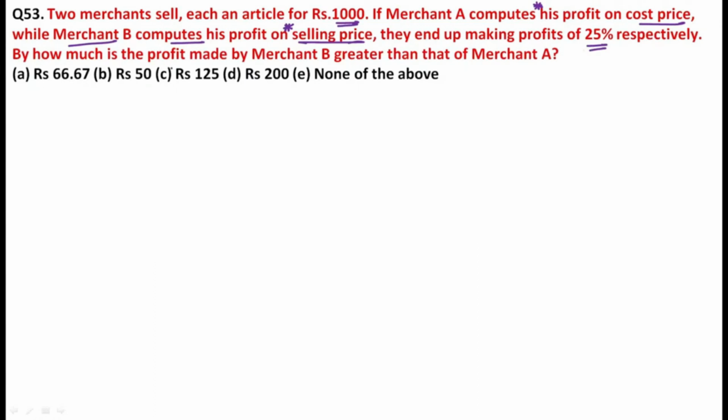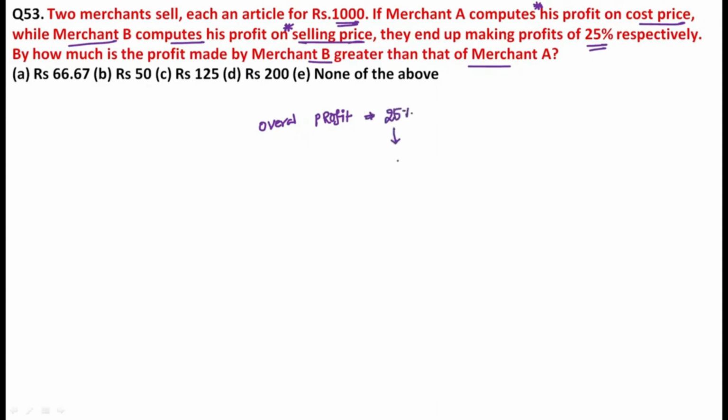Then how much is the profit made by merchant B greater than merchant A? Guys, now here the most important information, overall profit. Overall profit can be defined as a concept of mixed average. We want the conclusion, we require 25% profit, means both the values must be at 25%.